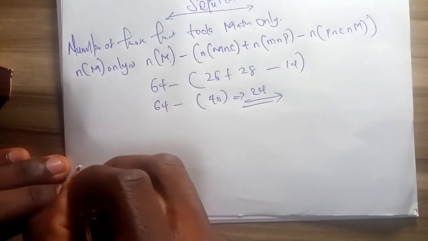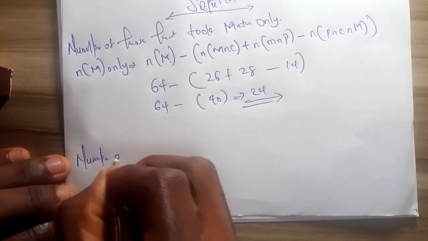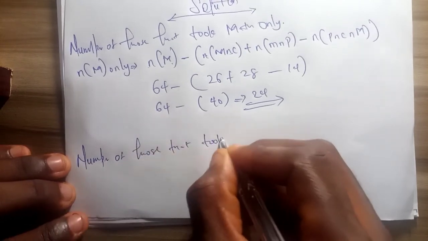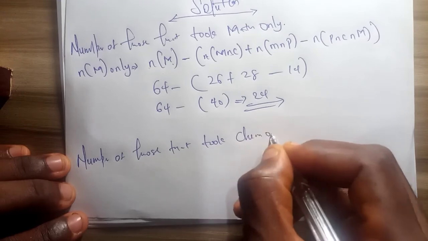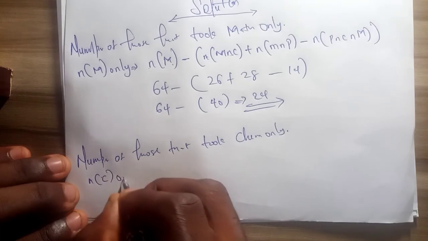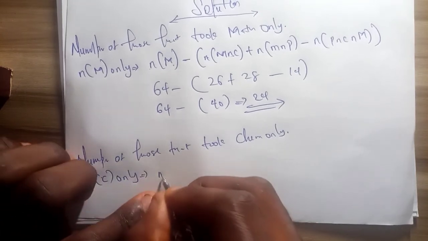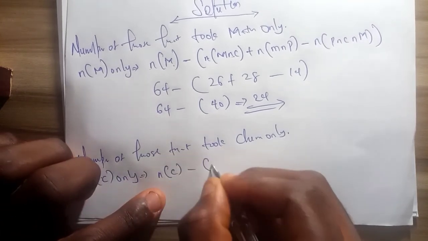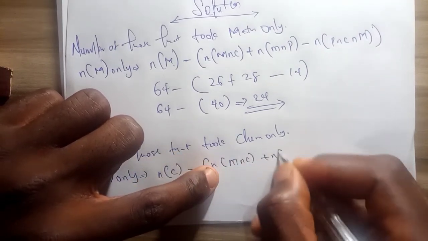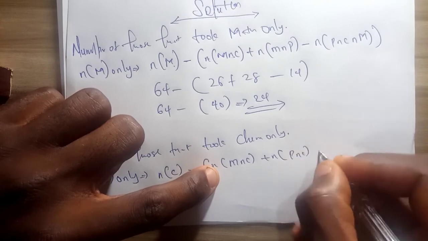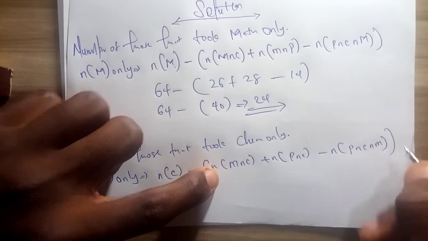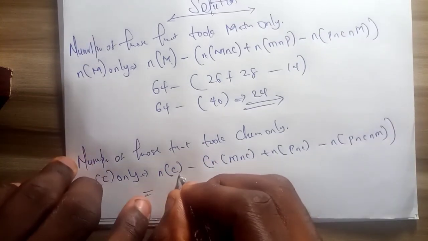Going further, the number of those that took chemistry only, without wasting much of our time: number of C minus number of M and C plus P and C minus P, C and M. So what is chemistry only?